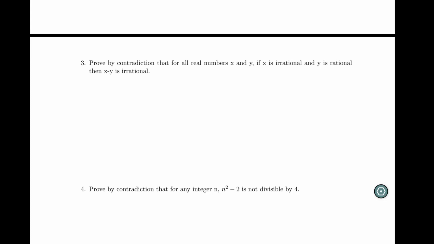Prove by contradiction that for all real numbers x and y, if x is irrational and y is rational, then x minus y is irrational. Suppose not. This is a necessary step to communicate to your reader, me, and whoever you're reading your proof, what you're doing.